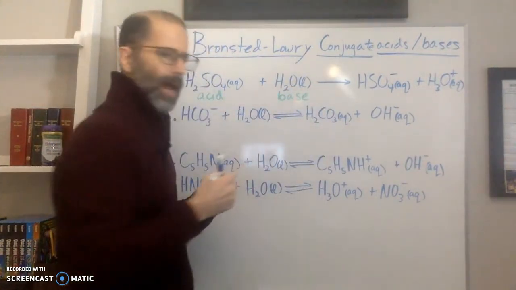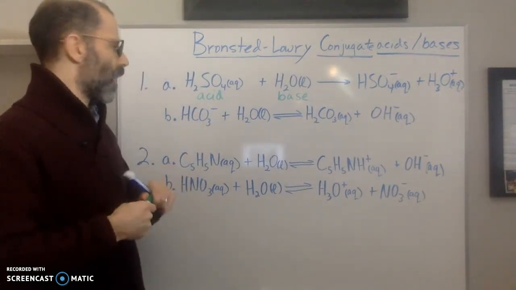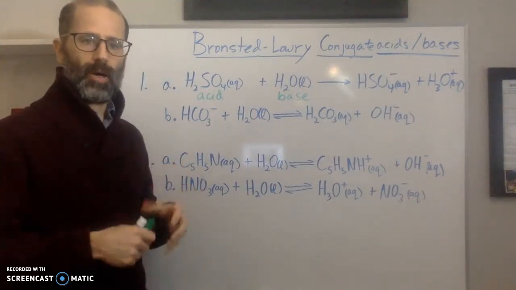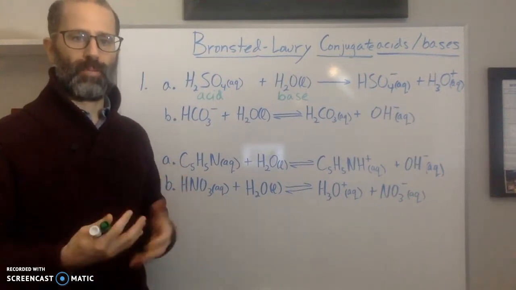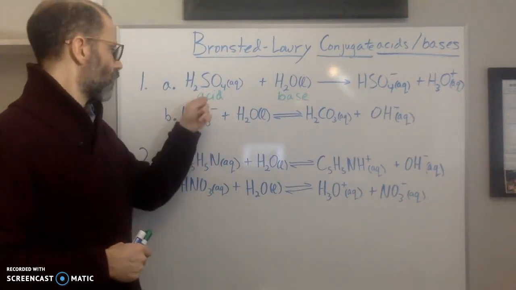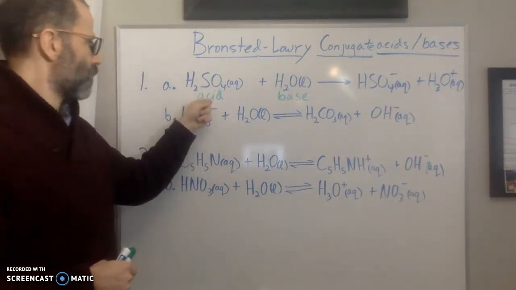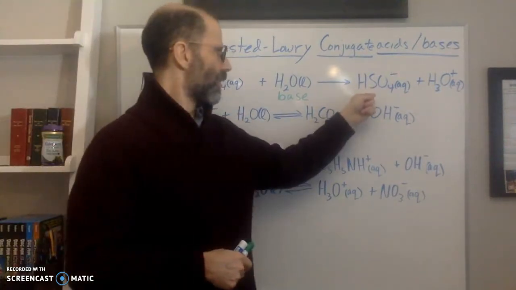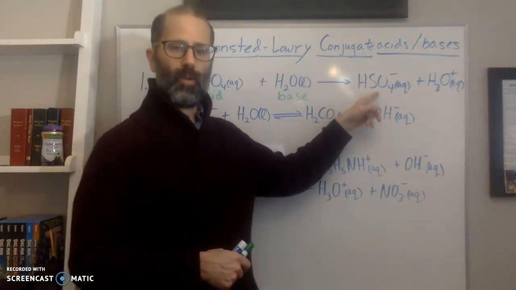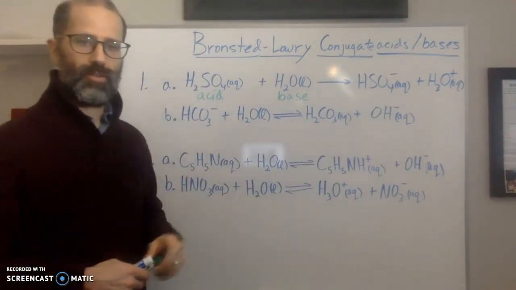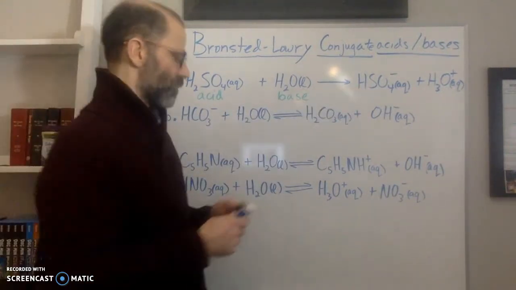Now when we're looking for the conjugate acid and base, they are the complementary products that come from the acid or base. So here we have the acid. When the acid gives away its H+, you get HSO4 minus. This is the result of giving away its hydrogen, so this would be the conjugate base.